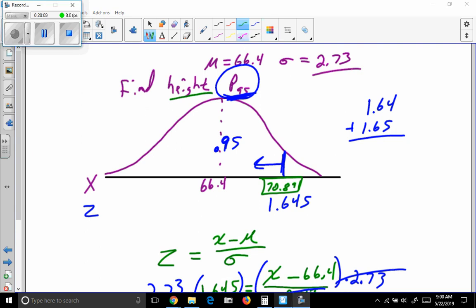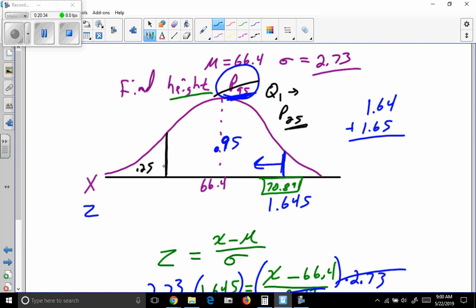Then part B of this question asks for what height goes with the first quartile. Remember that the first quartile is the same as the 25th percentile. So we would be looking at what height has 25% of the data to the left. Where do we have an area of 0.25 to the left?